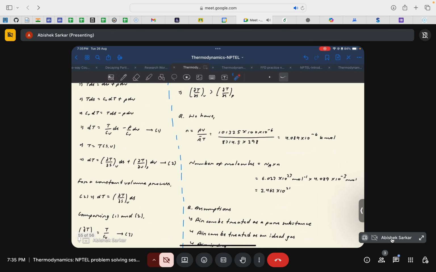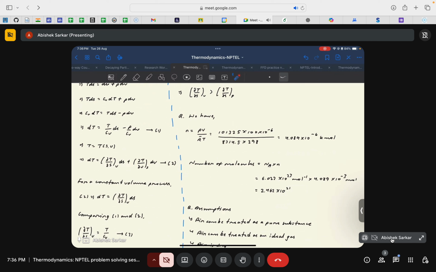Now there's one more interesting thing to know: any thermodynamic property, if they're in an equilibrium state, can be represented in terms of 2 other thermodynamic properties. Since we are dealing with Cv, the logic is that we need to find a change in temperature, and for that you need to find its slope.